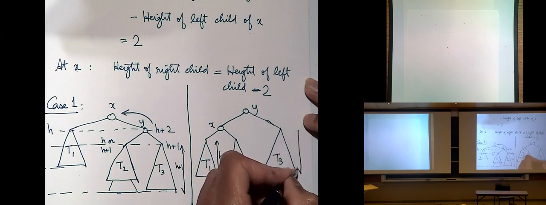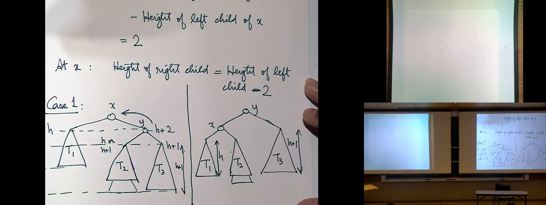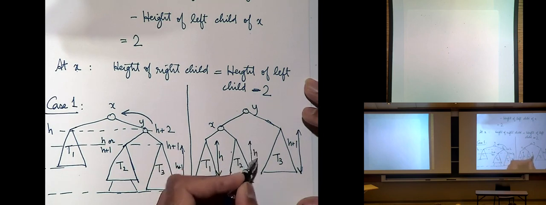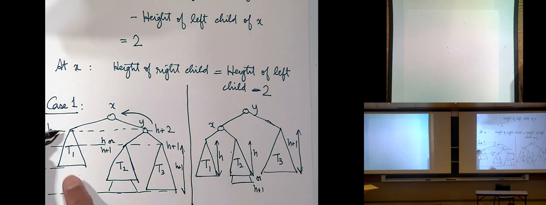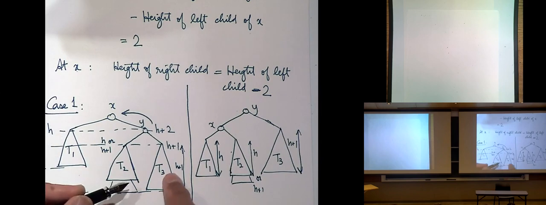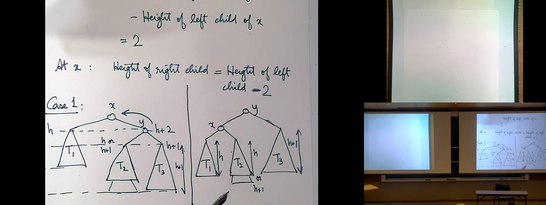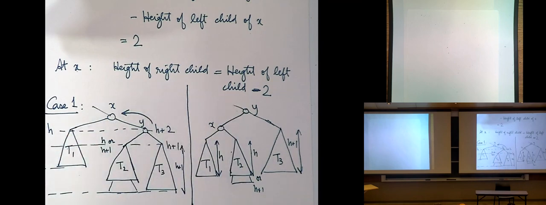And so this stays at h plus 1. And this height, it's either h or h plus 1. Does this make sense? So what has happened is that this part moved down and this part moved up. And so now the balance factors are correct, and the problem has been fixed. So when you do a single rotation, you can fix this.